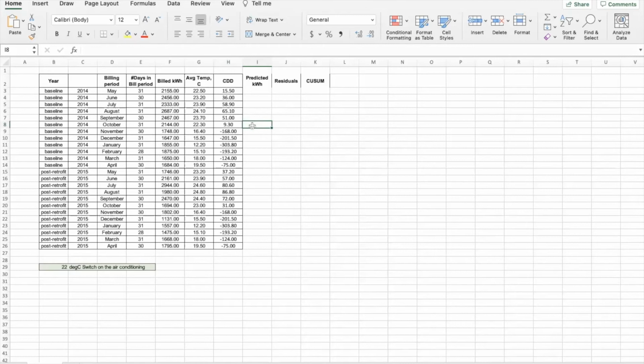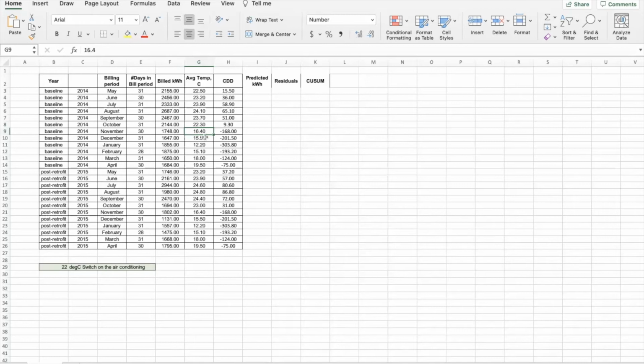When we calculate HDD, it will have a difference. But the reason I say it is not the main factor is, try to understand, no matter whether it is CDD or HDD, it does not allow you to have a negative number. Why? Because the concept of CDD is how much energy I need to cool the building.